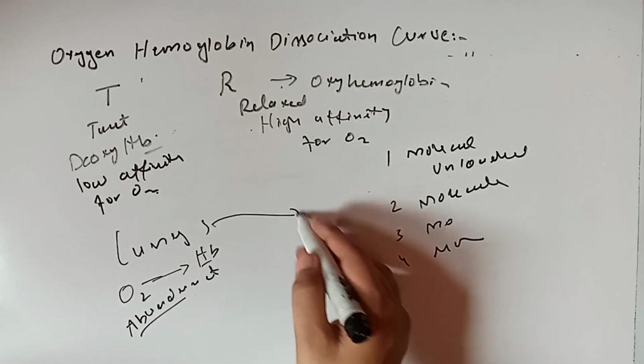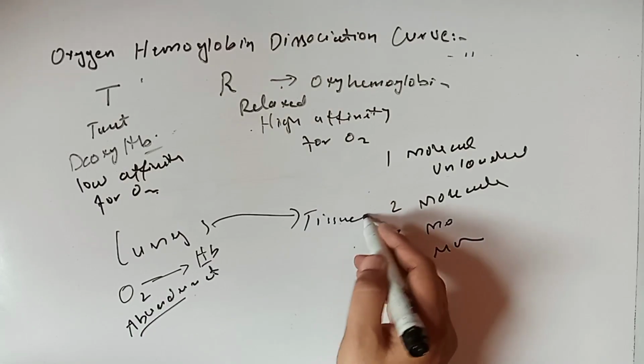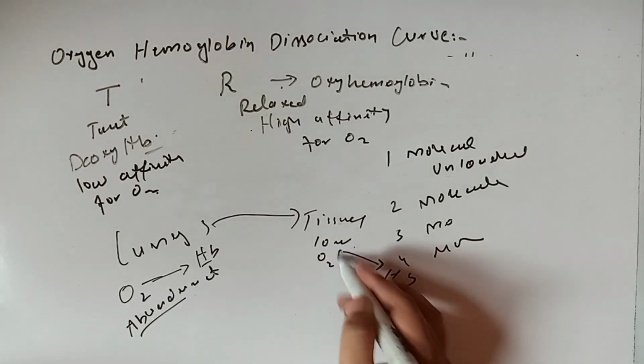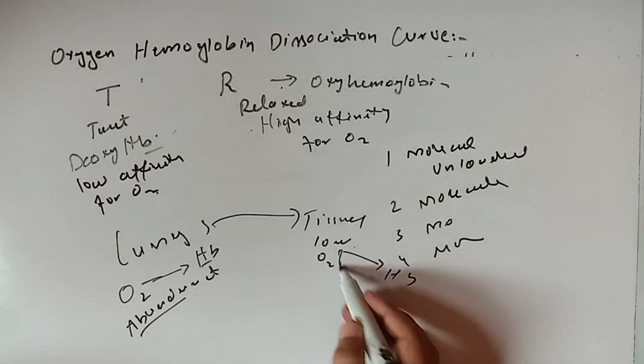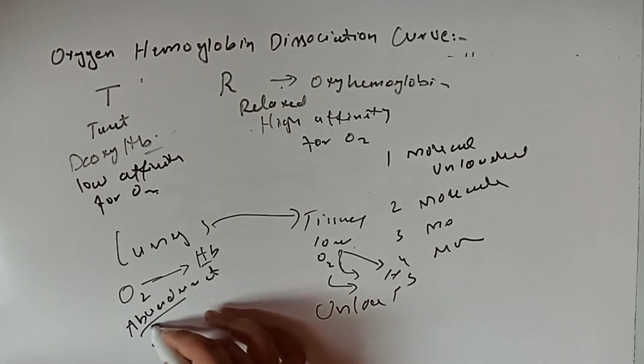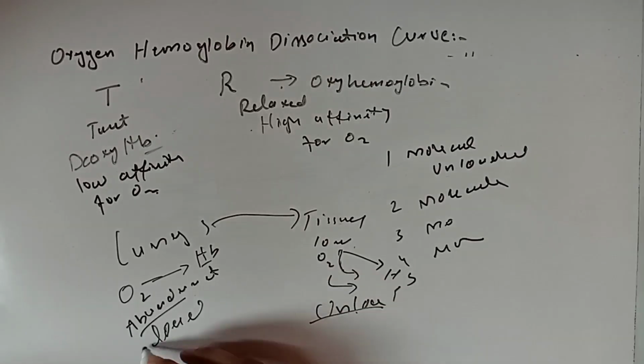And when it moves to tissues, in tissues there is low oxygen. So one molecule is released from hemoglobin, and this loss of one molecule facilitates the removal of other molecules as well. So here hemoglobin unloads easily. Here it loads easily, and here it unloads easily, and this phenomenon is called heme-heme interaction.